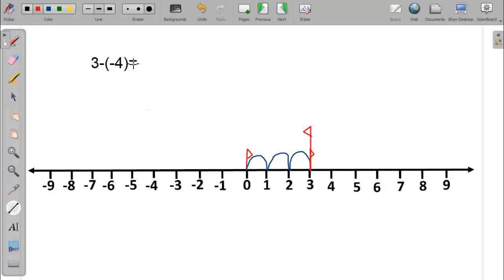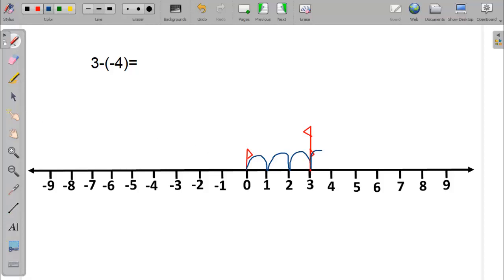What's the next number? It's a negative number, minus 4. So we have to move backward according to the face of the stick figure. Here the face of the stick figure is facing towards the negative side. So moving backward means moving forward on the number line. So don't confuse with them.